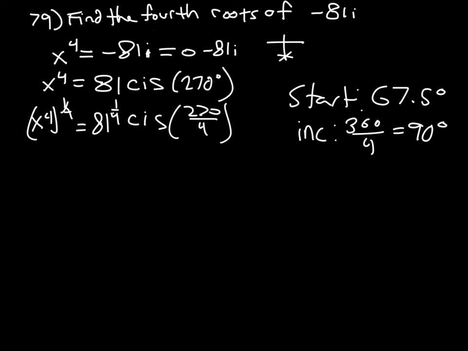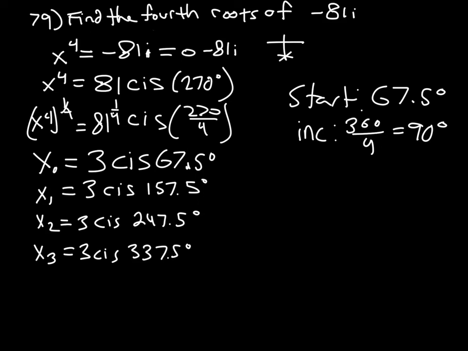So I'm going to write out our 4 answers here. The first one would be x sub 0, so the fourth root of 81 is 3, cosine I sine 67.5. And then I'll get the rest down here.